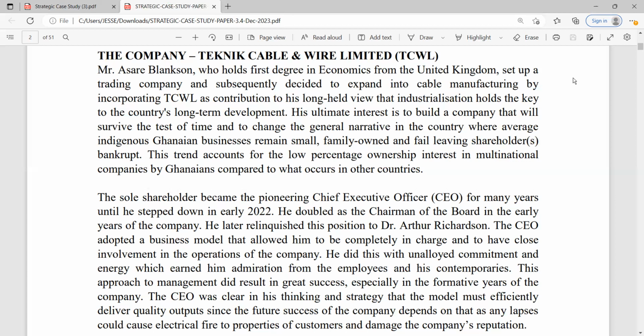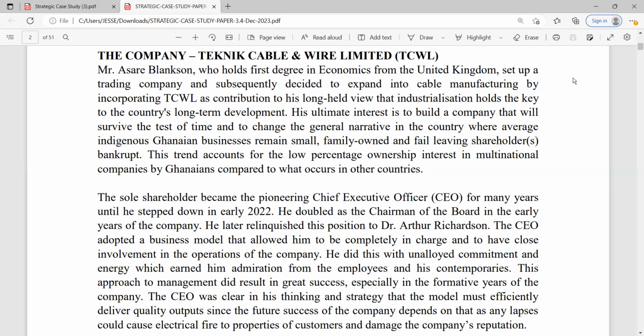The sole shareholder became the pioneering chief executive officer for many years until he stepped down in early 2022. So he was the sole owner, right? Now, when you hear sole shareholder, a lot of things should come into your mind. And this is what the examiner's report is trying to tell you about strategic implications.